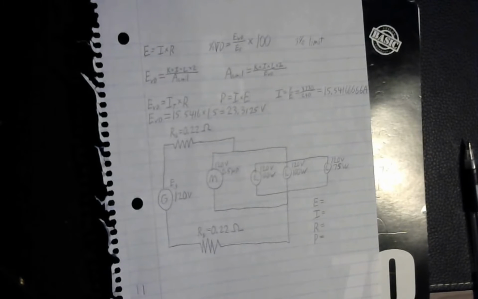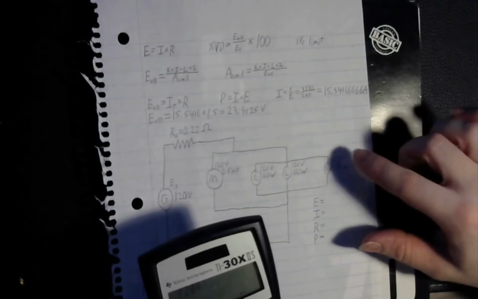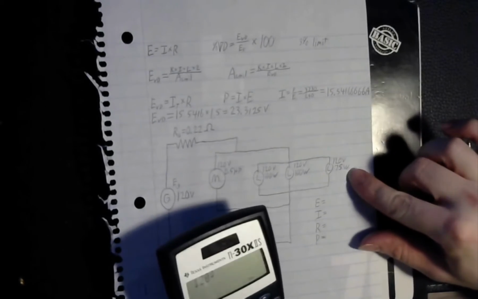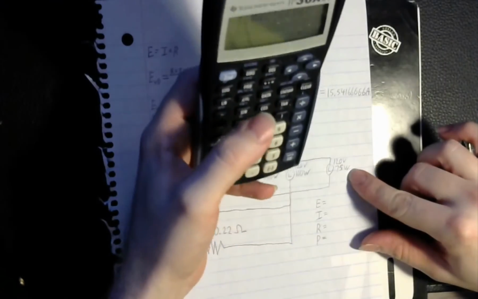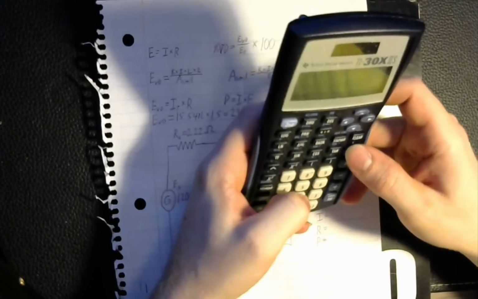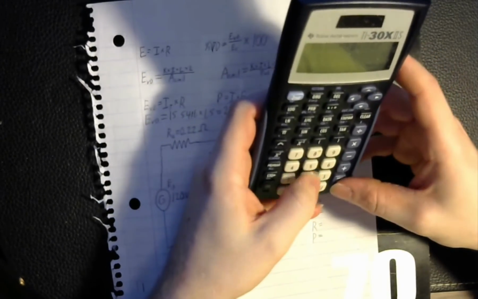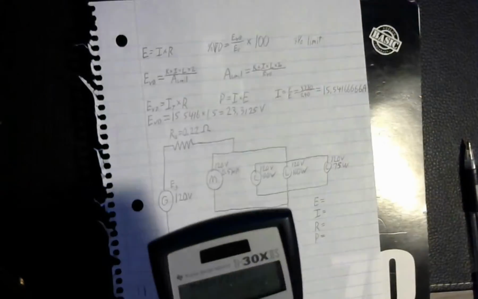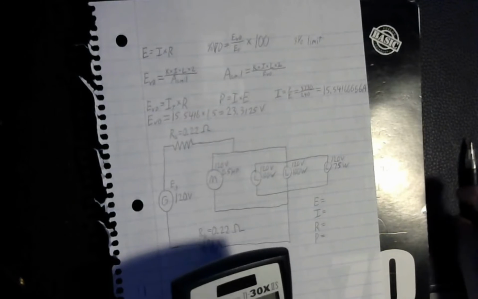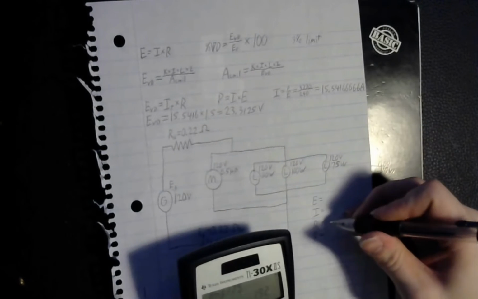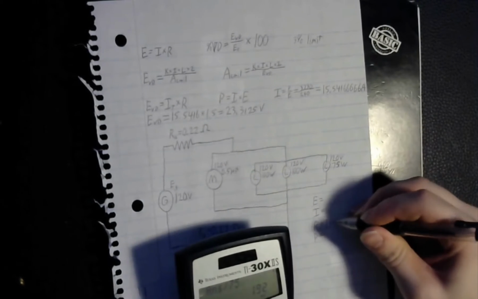So assuming this was getting 120 volts and consuming 75 watts, you could take that 120 volts, square it, divide by your 75 watts of power, and figure out that that light has 192 ohms of resistance.